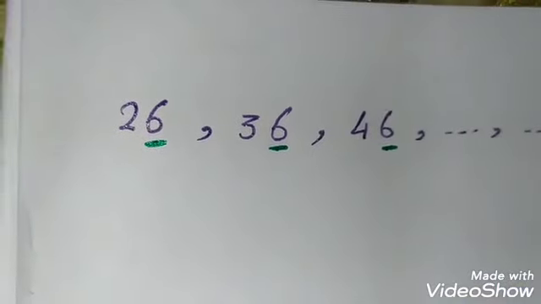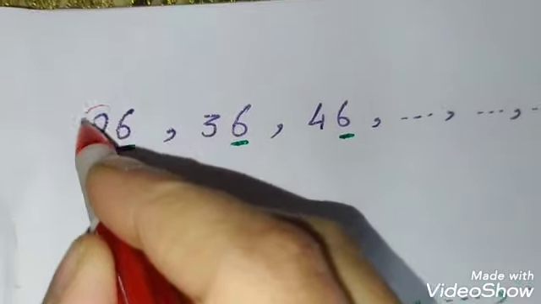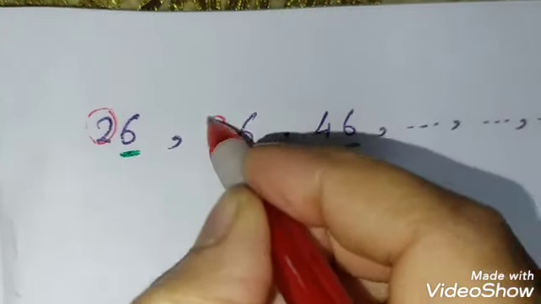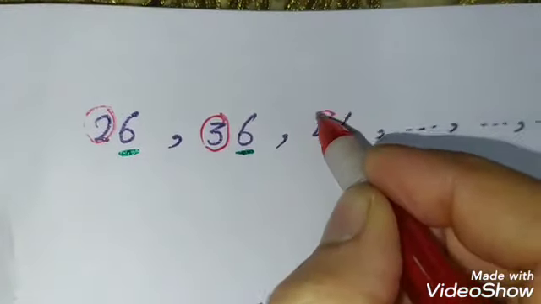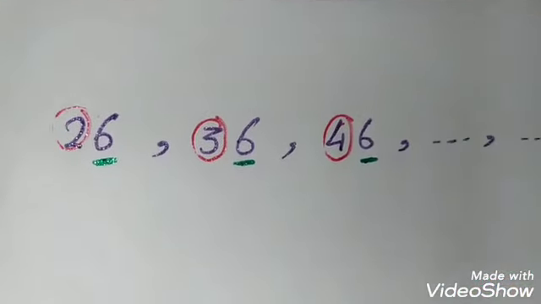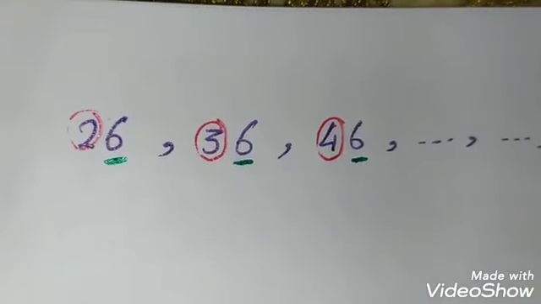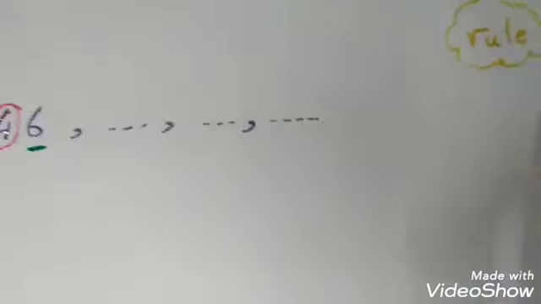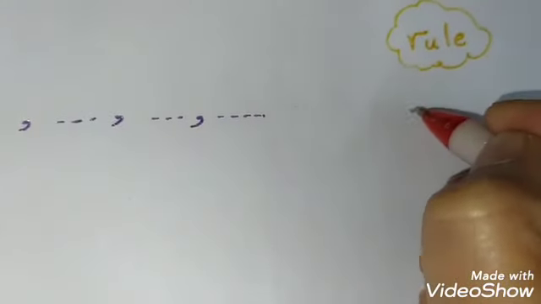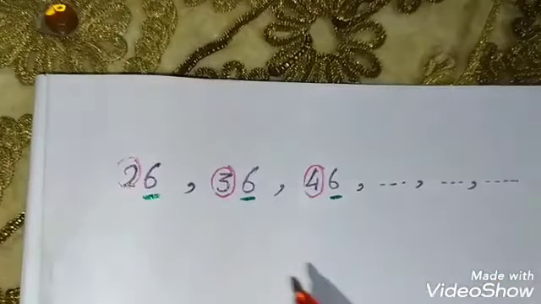Now let's move to the tens. The tens digit here is 2, and then 3, and then 4. Yes, the tens digit is changing. Increasing or decreasing? Increasing. So the rule here is addition. Adding what? This is the second step of thinking.